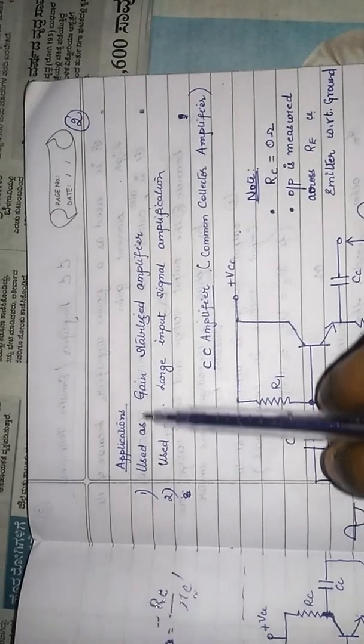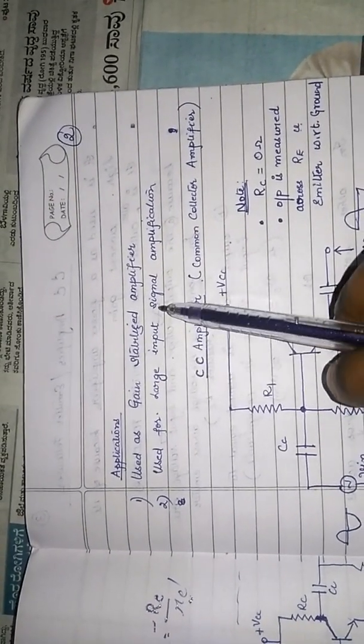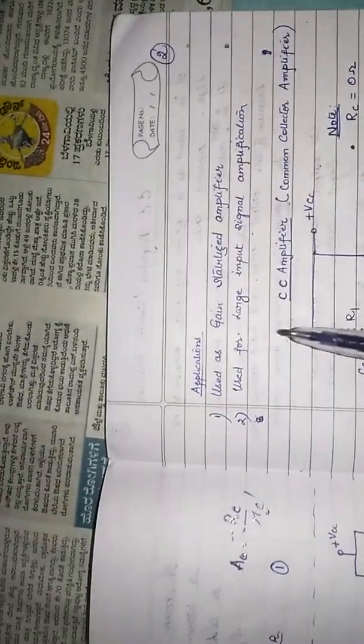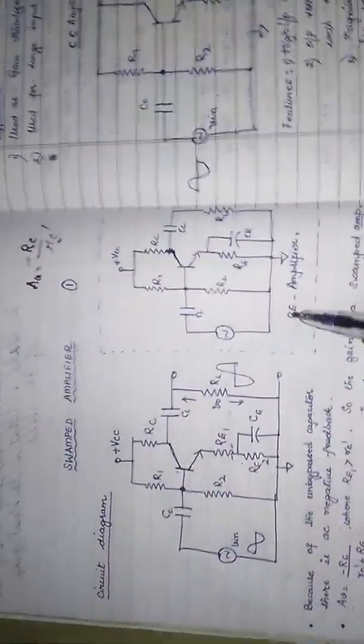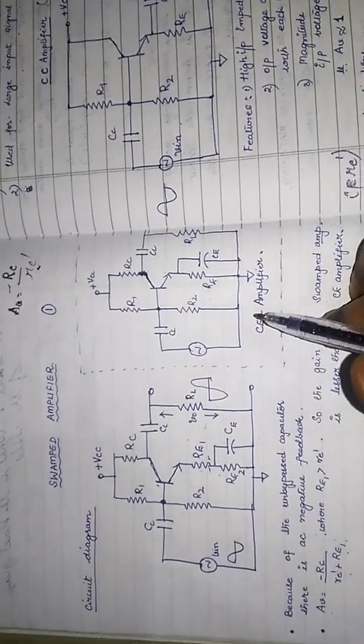Let me tell you what the applications are. The applications are pretty much obvious. It is a gain stabilized amplifier and used for large input signal amplification. So the question that can probably be asked on this particular topic is: draw the circuit diagram of a swamped amplifier and write its applications. I hope it is useful for you.